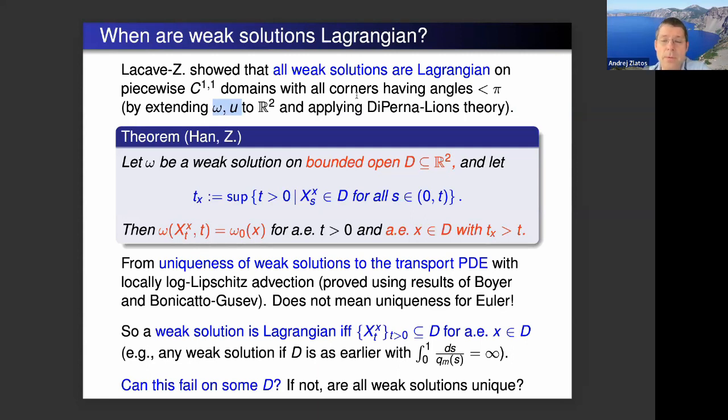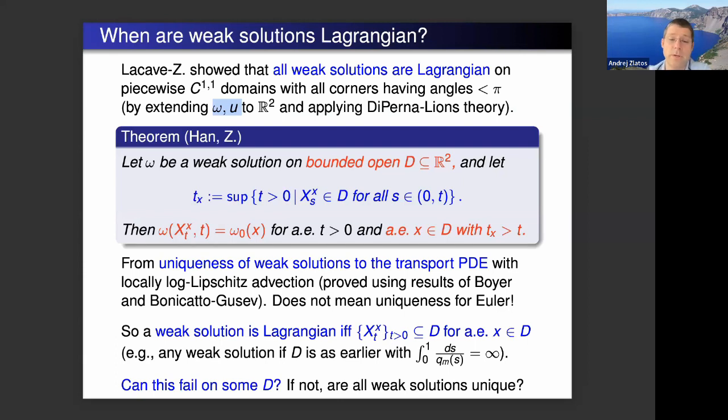And with Han, we were able to do something a little bit better, basically not needing this extension. Instead, we used uniqueness of weak solutions to the transport equation, because the transport equation has the same weak formulation as the Euler equation. Of course, in the transport equation, the velocity is given, whereas in the Euler equation, the velocity is obtained from the vorticity through the Biot-Savart law, but it's the same weak formulation.